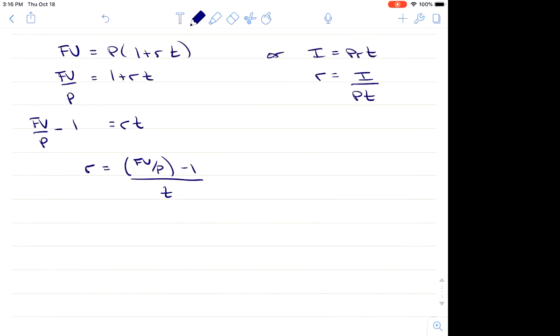What do you think you would do to change the first one to the second one? Could probably rewrite the future value as P plus I. That's true. Future value is P plus I. And then go from there, pull out the 1 over T, all that kind of fun stuff. But anyways, doesn't matter. Let's do an example.